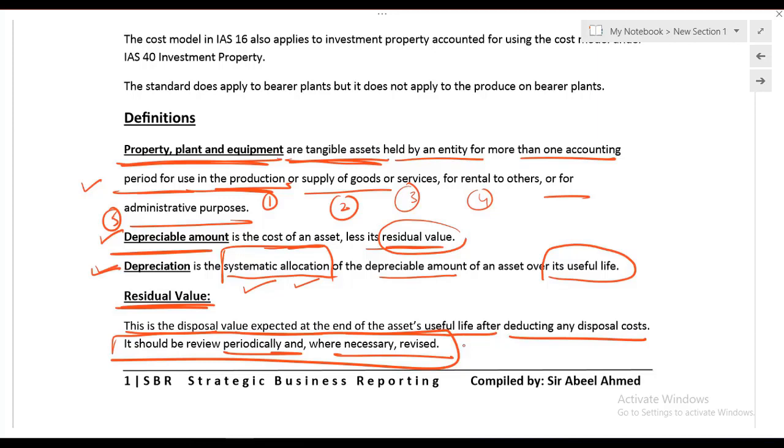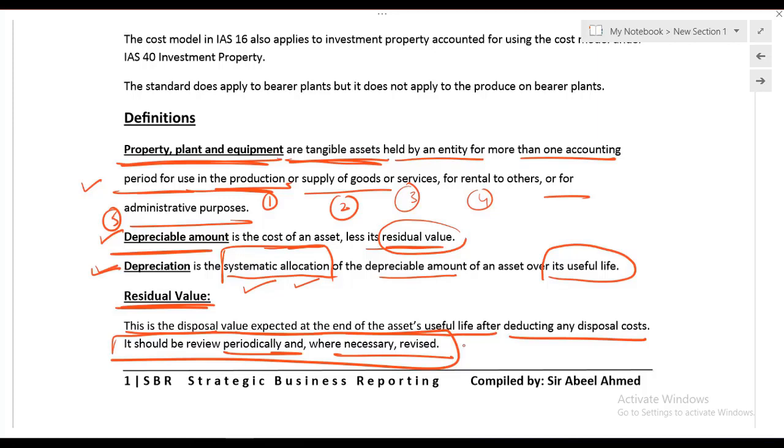And change in residual value will be applied prospectively according to IAS 8, because change in residual value is treated as a change in estimate. So if scrap value, if residual value is changing, then obviously we have to follow the revised residual value prospectively.